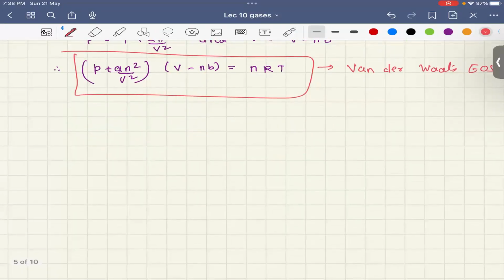For 1 mole, this equation corresponds to P plus a by V square into V minus b equals RT.